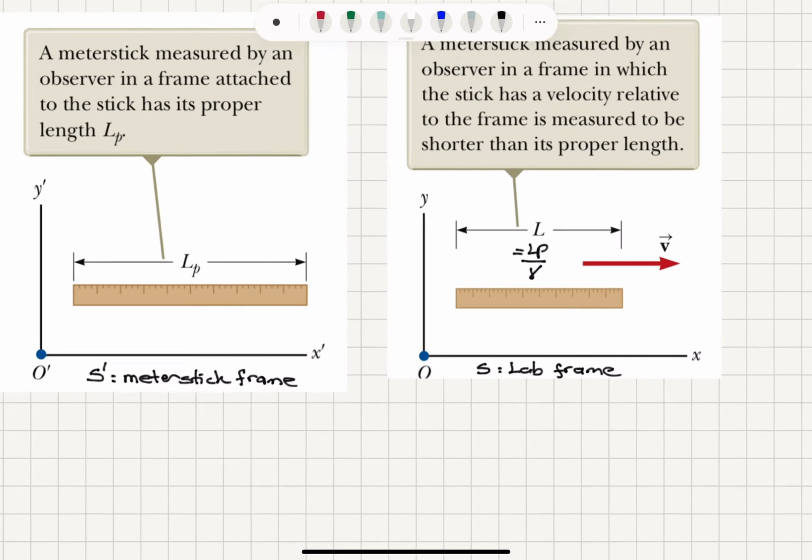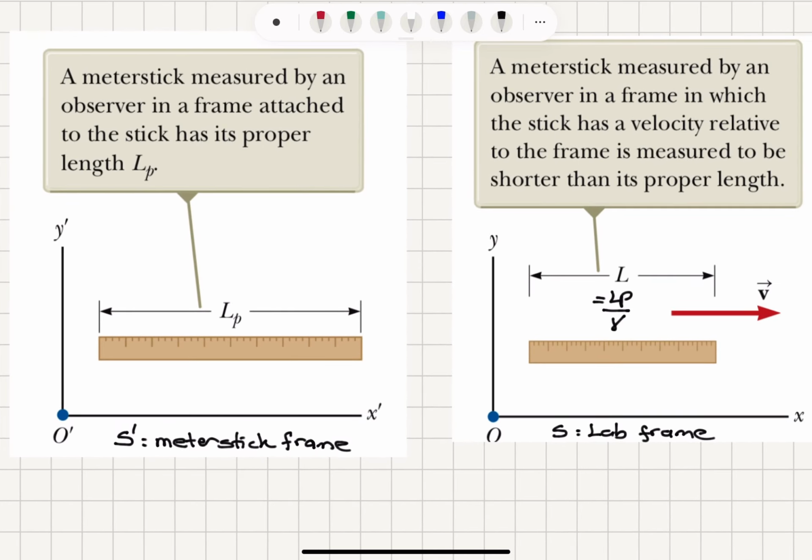For example, if we have a meter stick that is measured by an observer in a frame attached to the meter stick, so this meter stick is at rest with respect to an observer that we put on this meter stick, this observer, because the two ends are at rest, will measure the proper length.